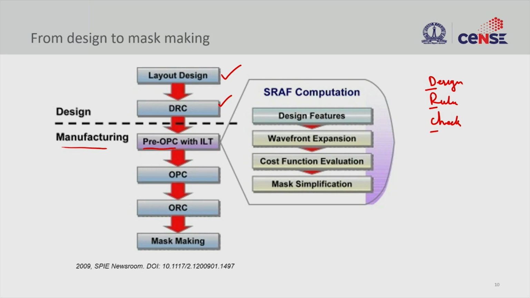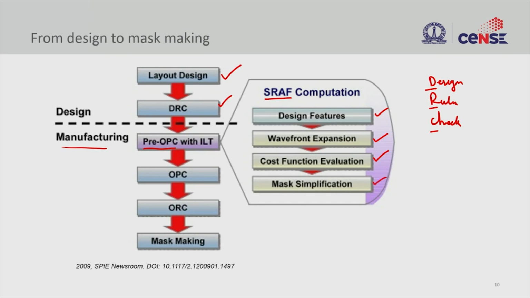So first we image it and then see whether we need to do some assist features or not, right. The sub resolution assist features need to be added or not. So if it is needed, we add this, we do a wavefront expansion. This is all the optic simulation that we do, and then we also look at how much assist feature needs to be added, because that adds cost to the system.